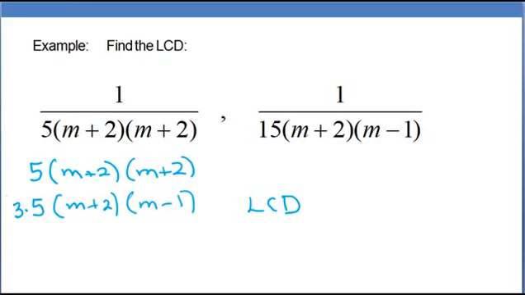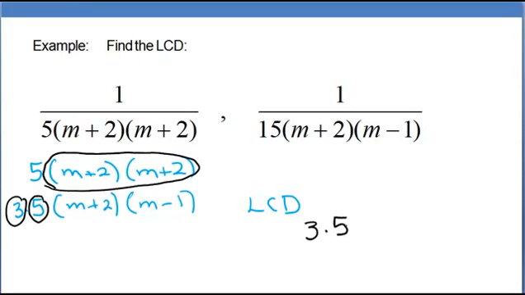You take it from the one where you have the greatest occurrence. So first we'll do our numbers. For the 3, it only occurs in one of them and once, so we will need a 3. The 5 is in each one, but in any one it only occurs one time. So we will need a 5. And then the m plus 2's. The first one has 2 copies of m plus 2. The second one has only 1. So we will need the greatest occurrence.